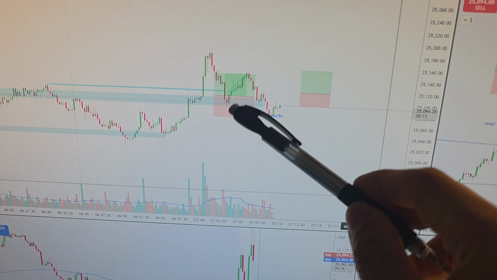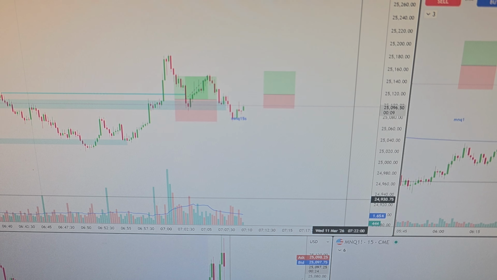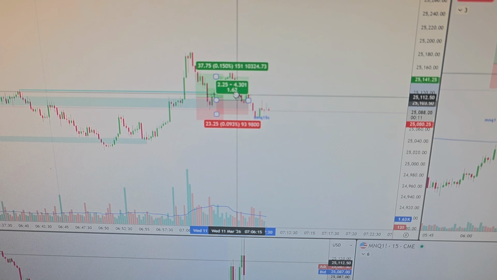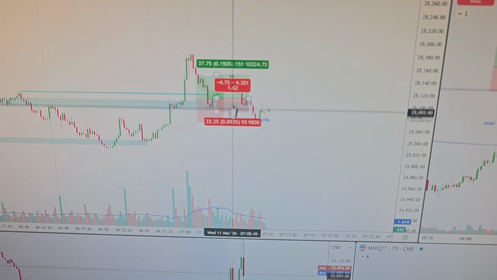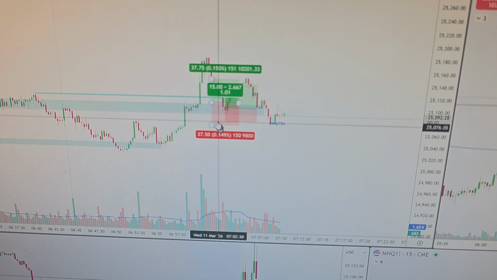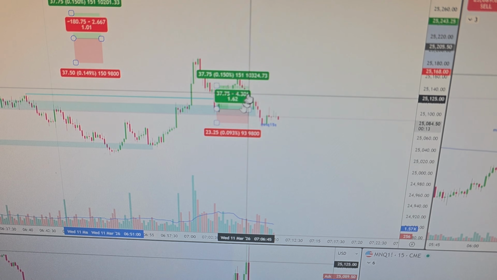And if we take a quick 1-to-1 here, a 150 tick, or we take a same but a 1.6-to-1 down here like this, something like that.